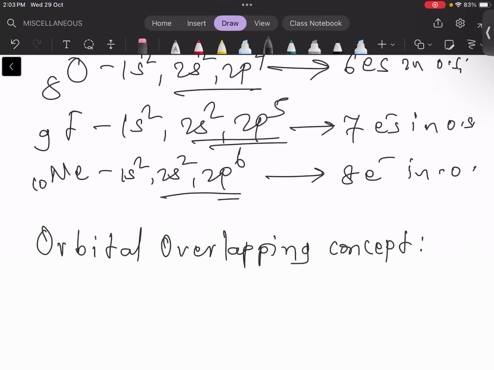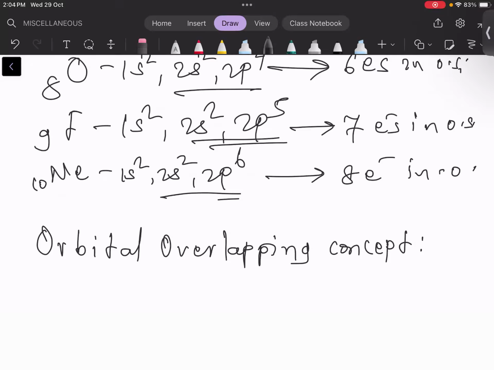Maximum overlapping, stronger is the bond. Minimum overlapping, weaker is the bond, right? Type of overlapping means whether the overlapping takes place end to end or axial or lateral. Depending on that, stronger or weaker bond is formed, right?